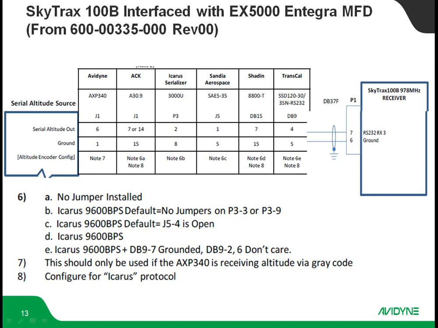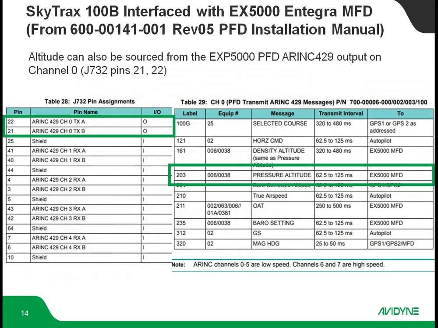The next thing I want to talk about is on the PFDs, because usually when you see an Integra MFD, it's tied in with an Integra system that also has a PFD. So this snippet is taken out of the PFD installation manual, where we actually can get ARINC 429 pressure altitude from the PFD and take that into the SkyTrax. It's going to be on channel 0, transmit A and B on the 732, pins 21 and 22, and those are low speed outputs.